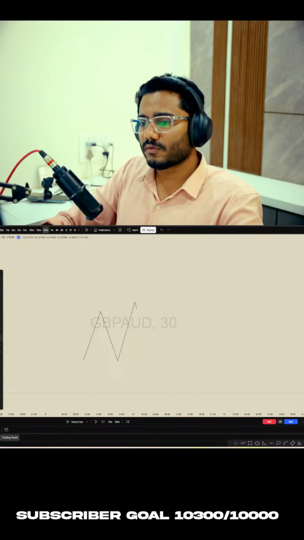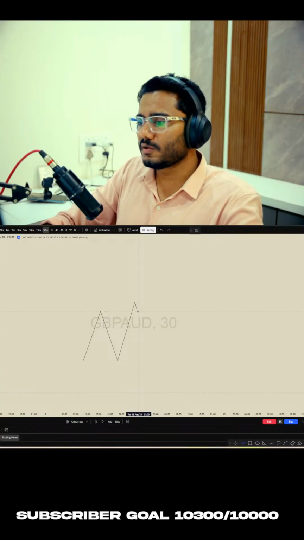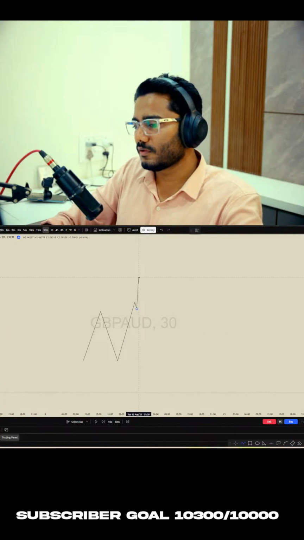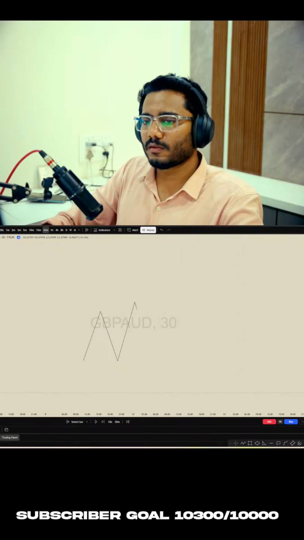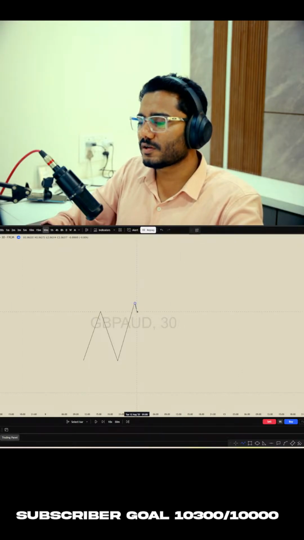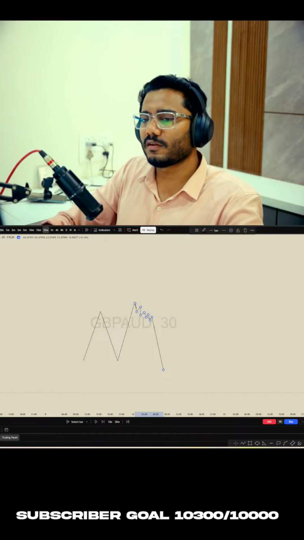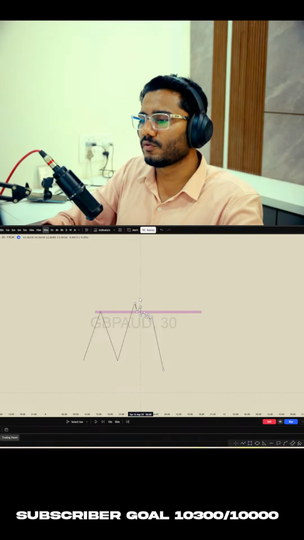Right now, if price continues to upside, it will create a candle body here. Even if price is continuing on lower time to the upside, then probably it will continue upside. But if price breaks the structure and then continues to downside, then probably it will fail to break this high. And that's when price creates a wick over here.